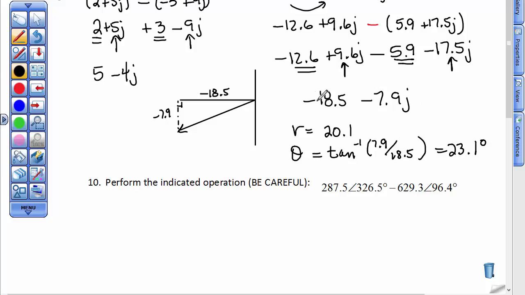And then because these two are both negative, you know you're in the third quadrant, or you can see it from your picture. So you can go 180 degrees plus these 23.1 degrees. So I think that's going to be 203.1 degrees. So your angle is 203.1 degrees, and your R value is 20.1. And this is the answer to this problem in polar form.